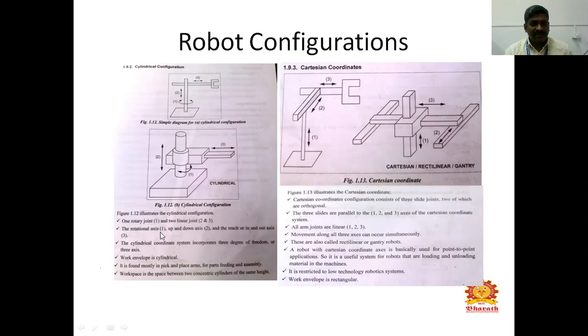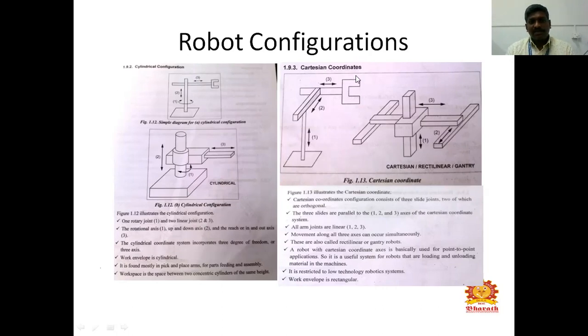The rotational axis is 1, up and down is 2, and 3 is the reach movement. Its work envelope is cylindrical in shape, and it is found mostly in pick and place robots. For pick and place tasks, a cylindrical configuration is used.